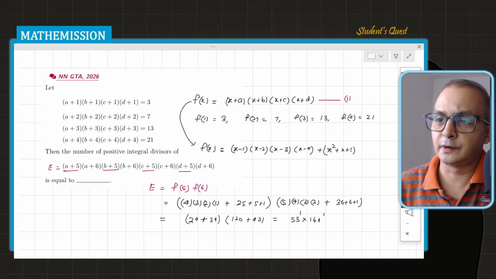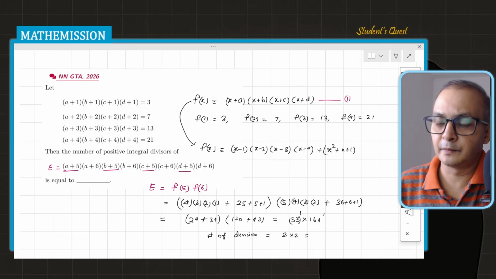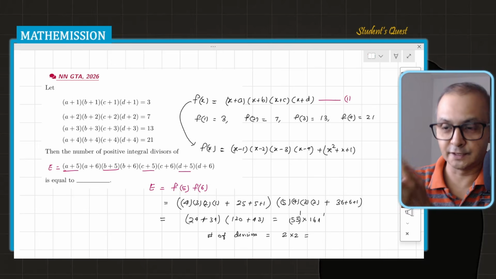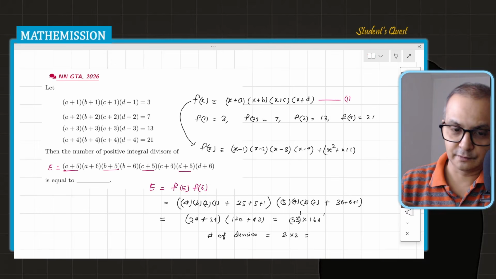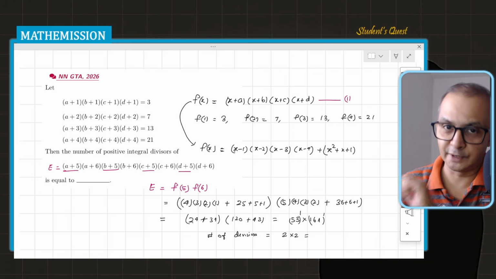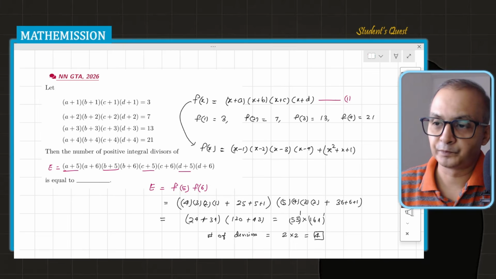So the total number of divisors or the factors is given by 2 into 2, because 53 can come in two ways in the divisors. To make divisors, either it will come or it will not come. Similarly 161 can come in two ways, either it will come or not come. So it will become 4.